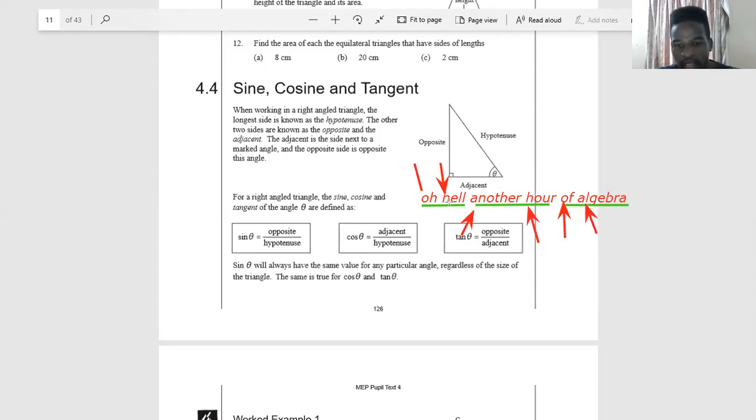Oh hell for sine, it's opposite over hypotenuse. Another hour is adjacent over hypotenuse, that's cos. Of algebra, that's tan, it's opposite over adjacent. You mess this up, guys, you are done. You won't get the answer correct. So that's the easiest way to master all of this.